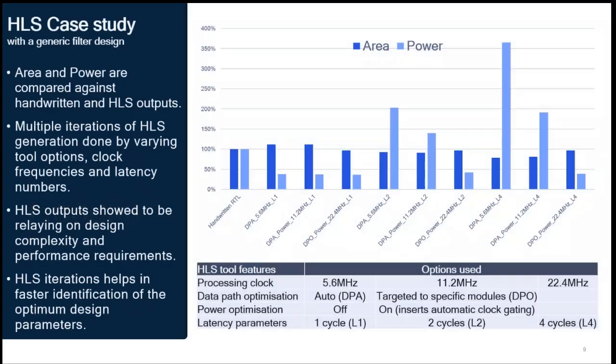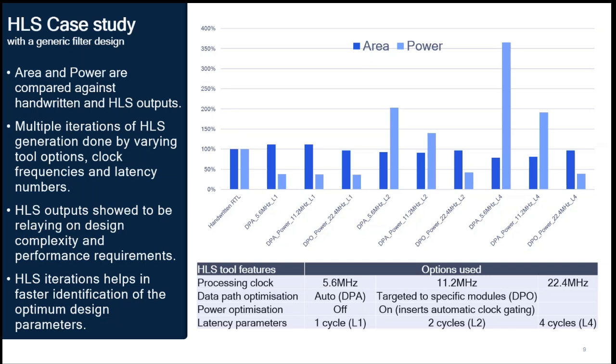It's actually a busy slide, but I wanted to give you a feel of what results we were getting. In this case, we have taken a typical generic filter design, a much more complex one, but for the time being. What we compared is, we changed the parameters, which are shown in the table below.